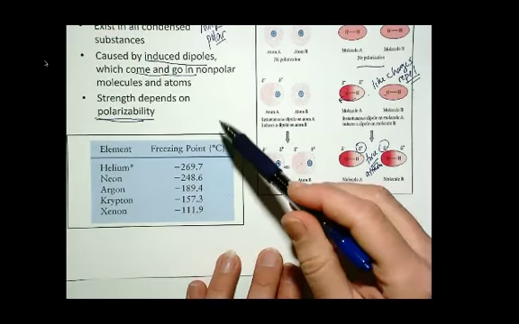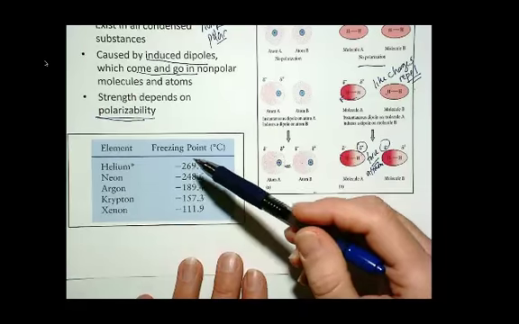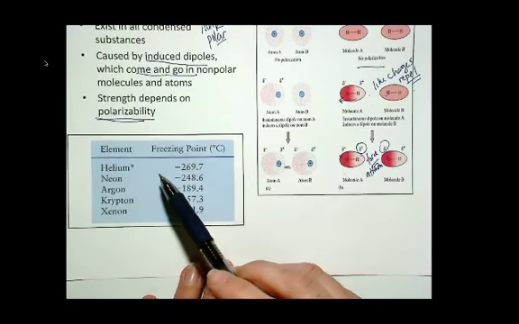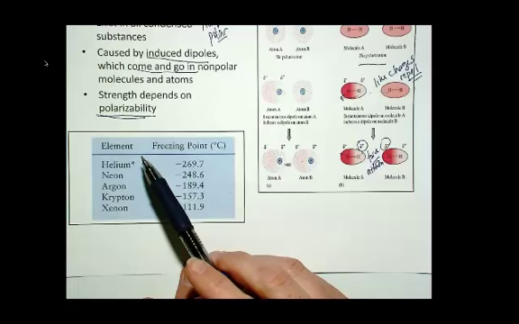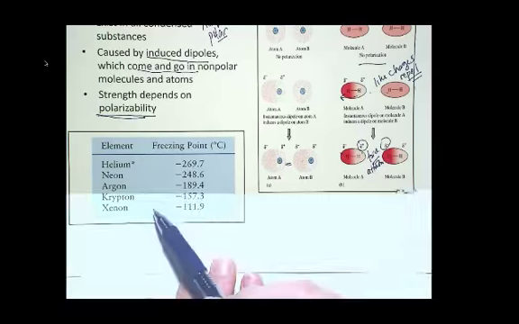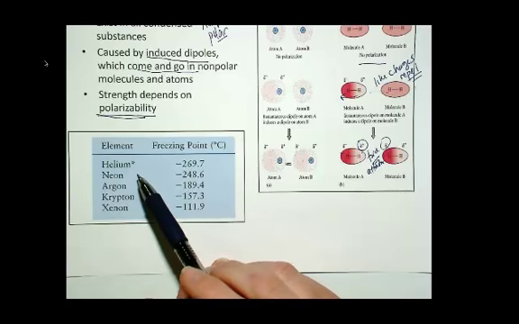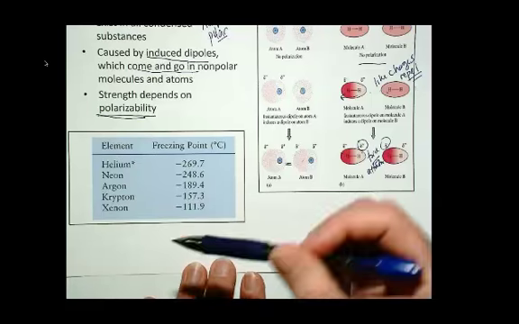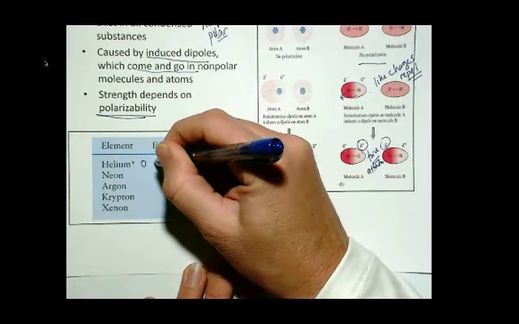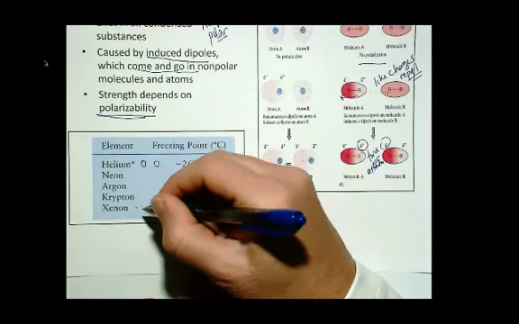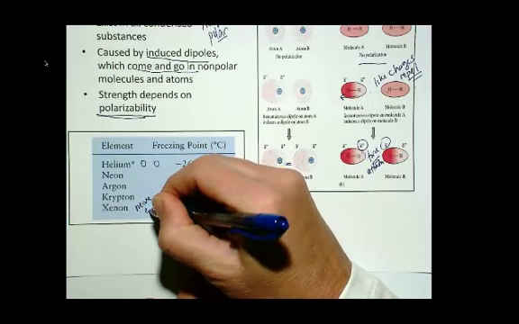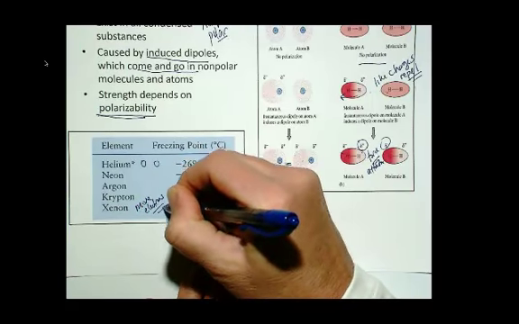And so the strength depends on the polarizability, and you can see that the freezing points for these noble gases increase with mass. This is just going down the periodic table from the tiny to the big. And the reason why, even though these are all just single atoms, is that this atom, xenon, has more electrons, so it's more polarizable.